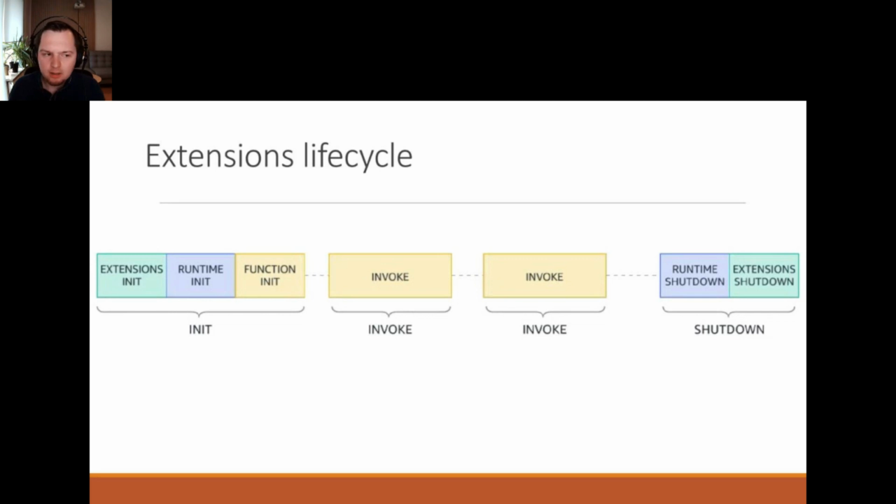And then when it's finished, your runtime is shut down. So first the function runtime is shut down, but then also the extension runtime is shut down. And during that shutdown, you can again do some logic that you need.